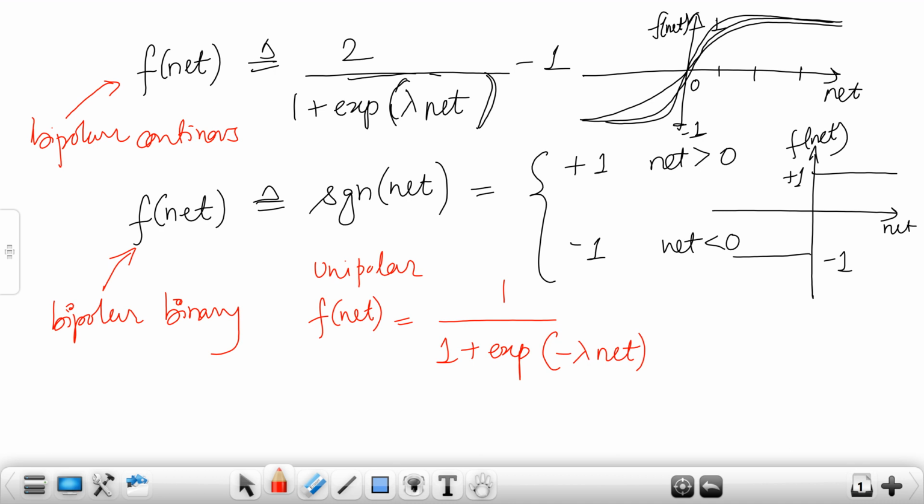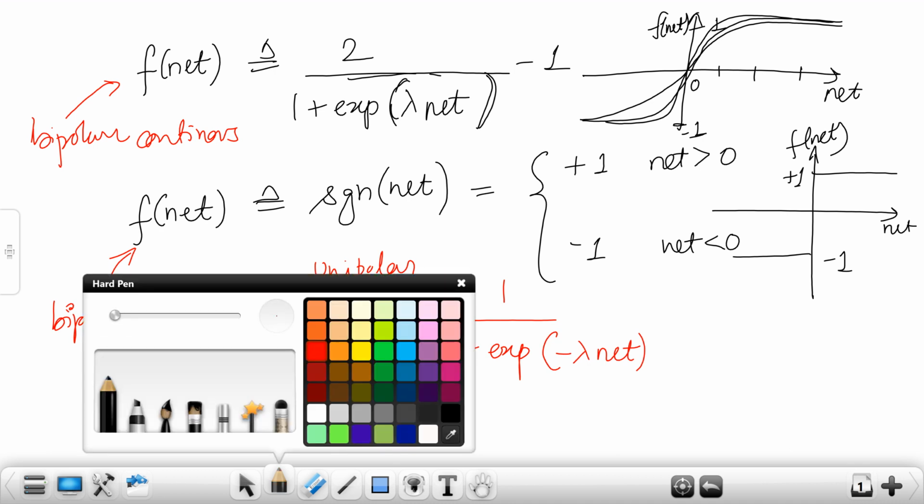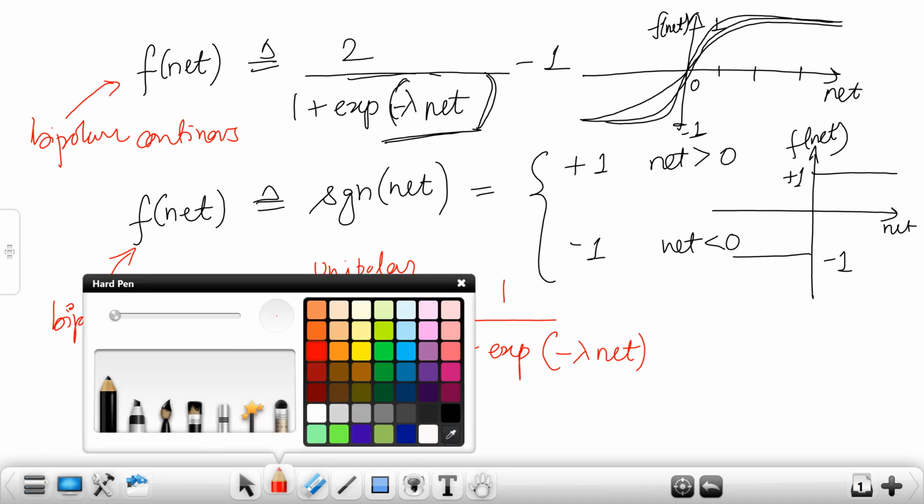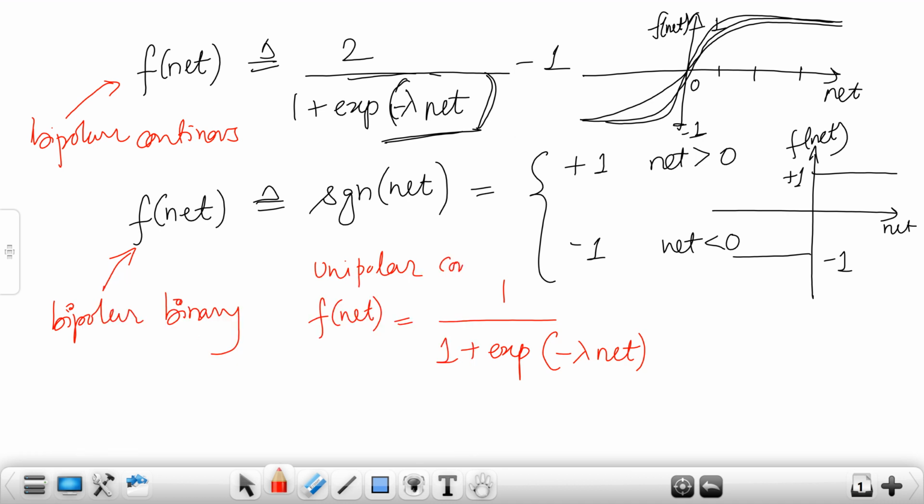One thing, I didn't write the minus over here; just take that into consideration. It is minus lambda net for bipolar continuous, and here also it is minus lambda net. This is your unipolar continuous, and then bipolar.